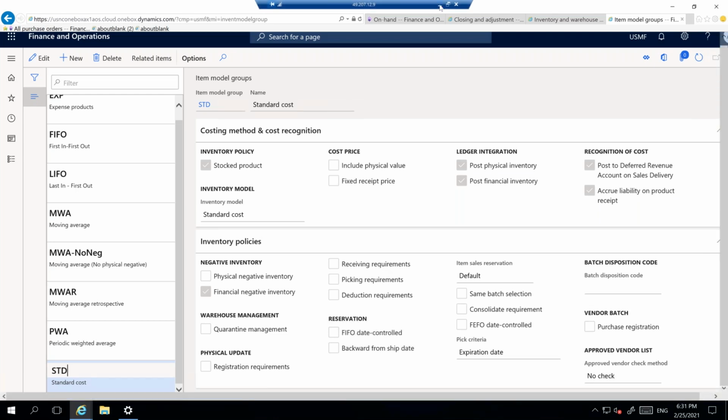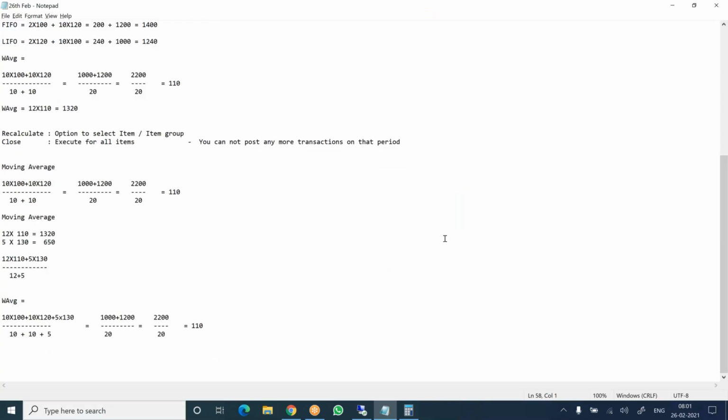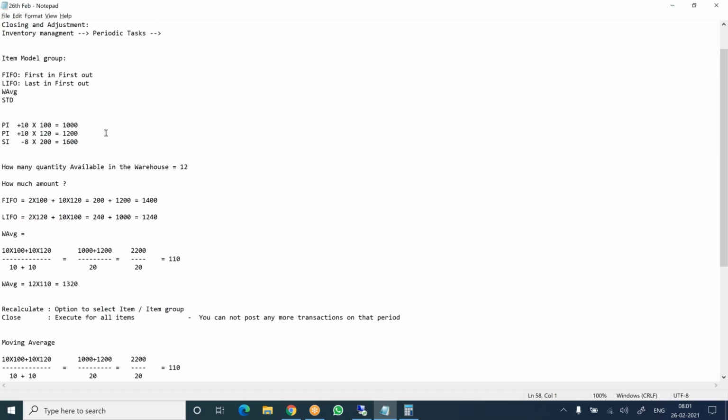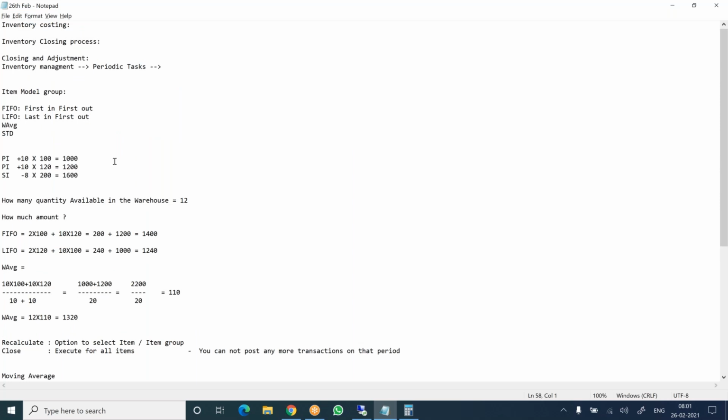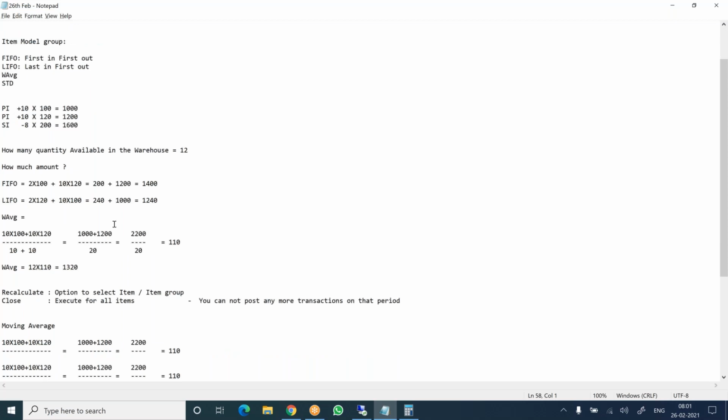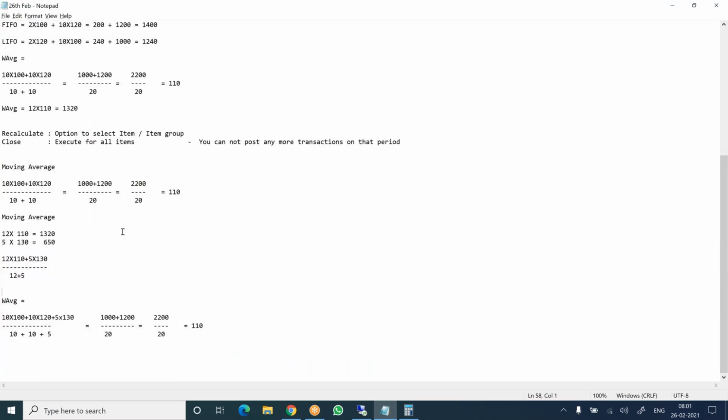Does anyone have any doubts, please? Please practice with examples like whatever I have given. One FIFO, one LIFO. Every time try to create a new item and try to verify. I don't think the batch job will create problems in your system. If it is executed immediately, in 1 or 2 minutes, you can see the results.